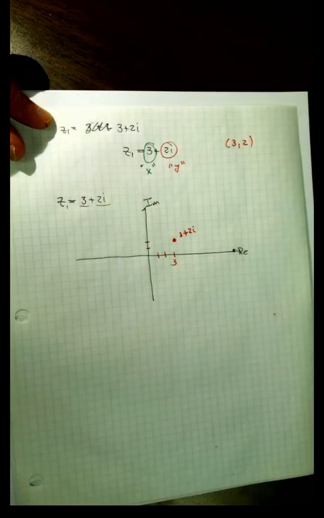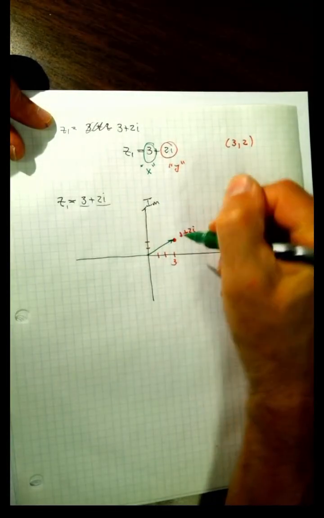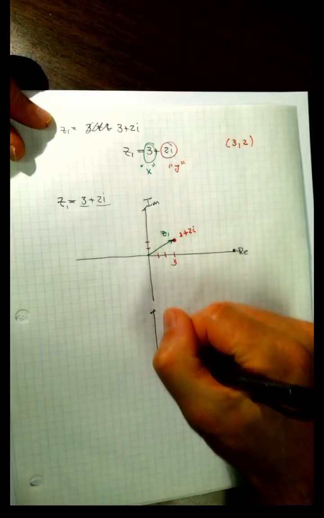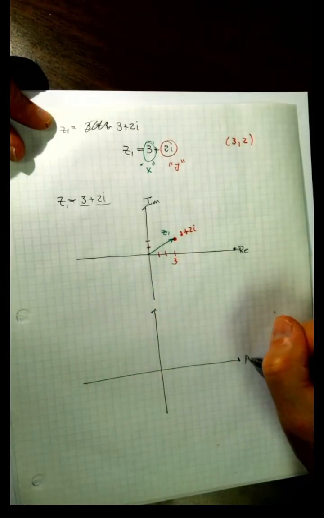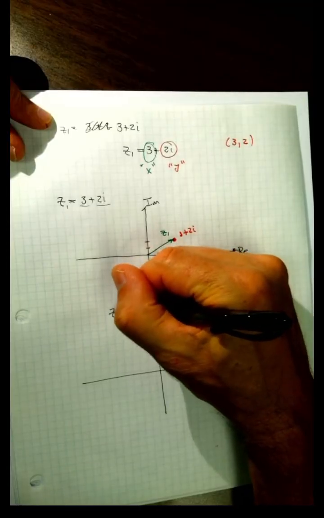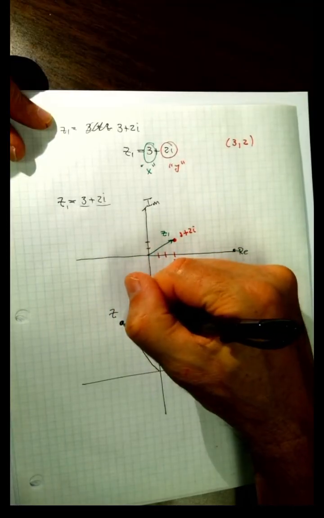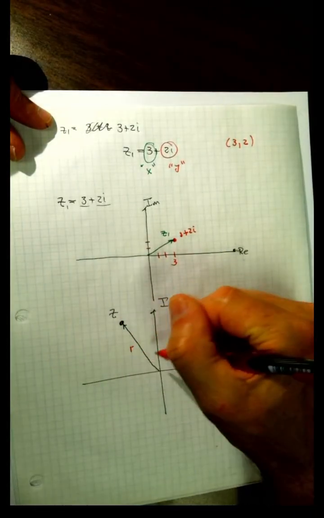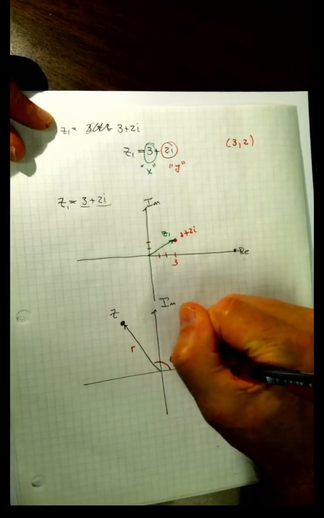So I can think of that point there as 3 plus 2i, or I can think of it as a vector, and that's my z1. If I think about it in these terms geometrically, I can take any imaginary number and write it like that, and think of it like a vector. And notice if it's a vector, then I can think of it as having a length and a direction.